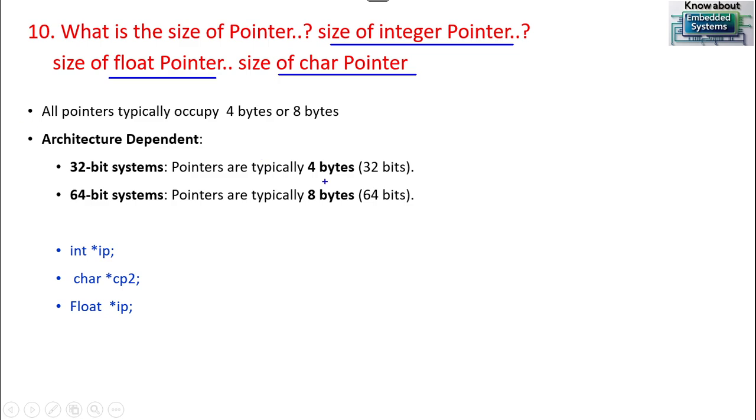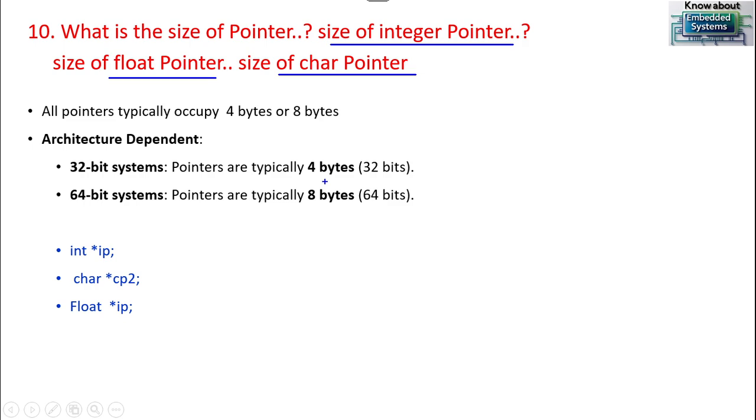So please do remember, pointers will always hold either 4 bytes of address or 8 bytes of address. Don't get confused here. A character pointer is 4 bytes, an integer pointer is 4 bytes, and a float pointer is also 4 bytes. That depends upon the architecture.